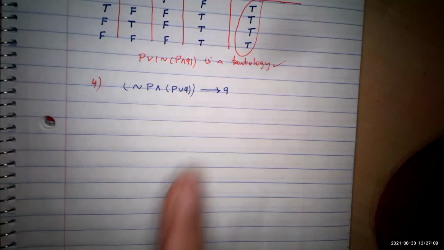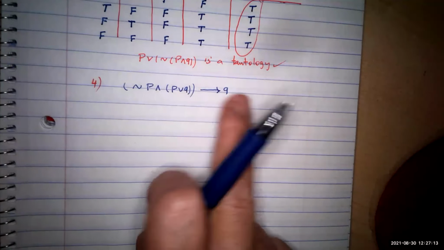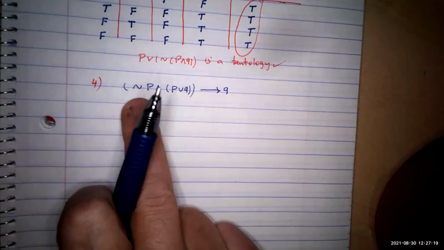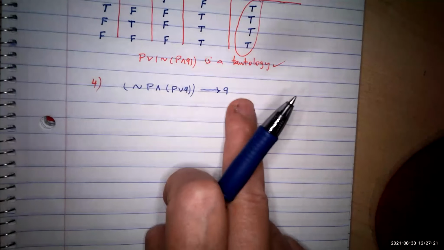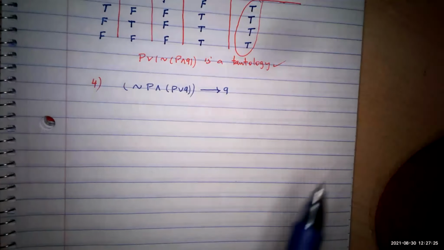Just want to do it so that you know how to take this implication. Remember, the implication is going to be true all the time, except if you start with the true statement and you end up with a false. Because if this first one is going to be true, you have to do the second part.